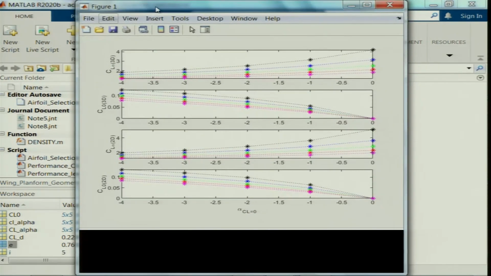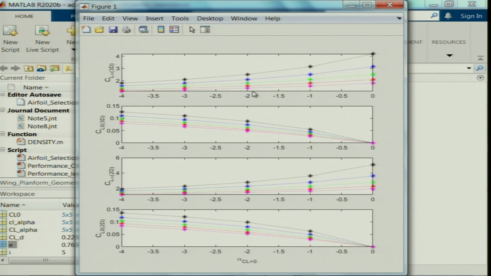So this is CL alpha 3D, how it is varying for different cases.